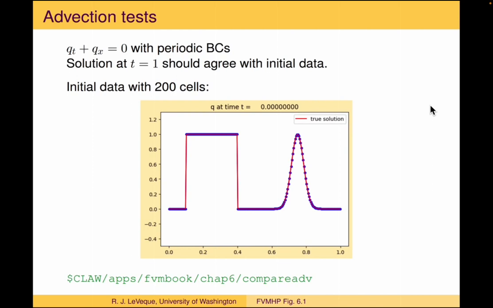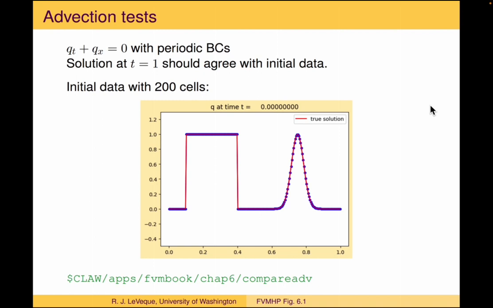Here's just an example. This is, I think, in figure 6.1 in the book, something similar to this, where various different advection schemes are compared. And in the ClawPack apps repository, there's the code that was used to generate these plots. But what's being solved here is just the advection equation with speed u equals 1, so it's just qt plus qx equals 0 on the unit interval from 0 to 1 with periodic boundary conditions.